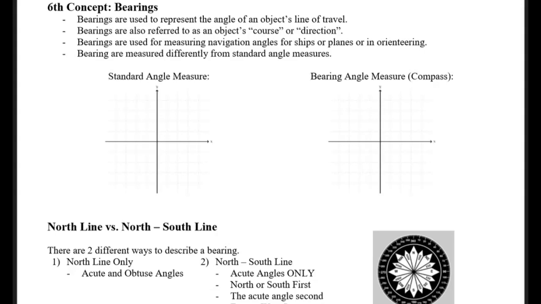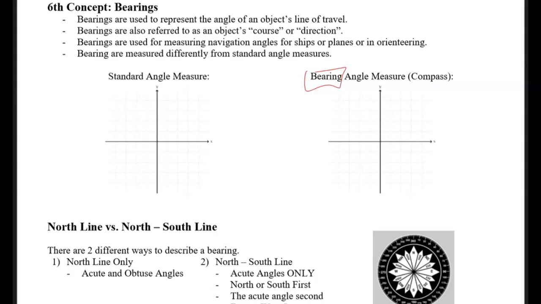Now there is a standard angle measure that we've been dealing with our whole math career, and then there's what is called a bearing angle measure. Now, you use bearing angle measures with a compass. We use this because it's kind of easier to know exactly which direction you're going versus the standard angle measure. If I just say 100 degrees, you have no idea which direction that is really going unless you're looking at an X and Y axis.